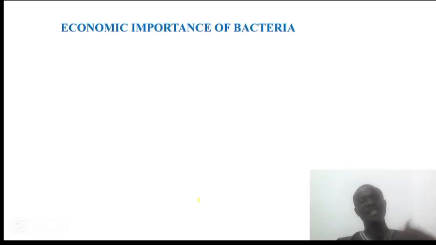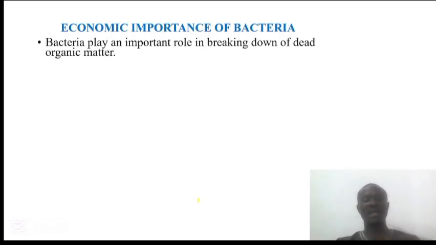Next we have the importance of bacteria. So here we are going to talk about the importance of bacteria and their functions. One, they play an important role in the breaking down of dead organic matter. For example, if you have an old bread, you can see something brownish growing on that old bread. That is what we call the bread mold.